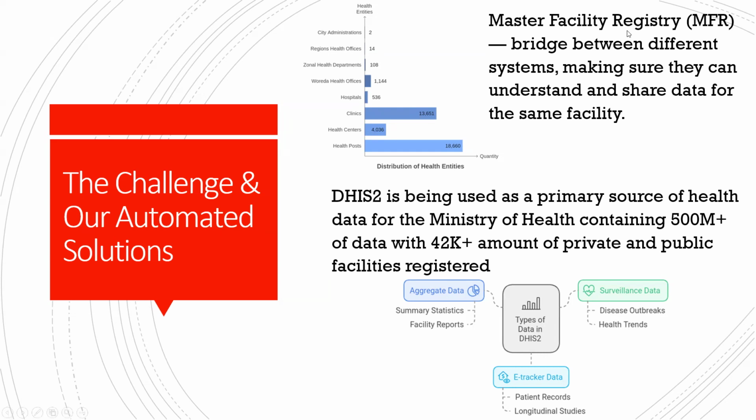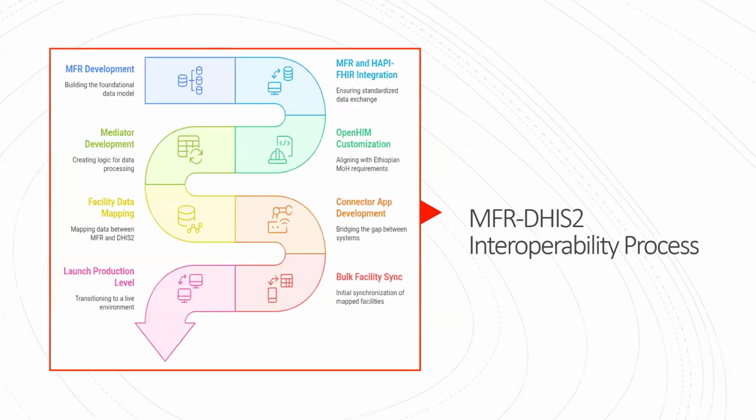For example, in MFR we have more than 49,000 facilities registering, managing, and controlling its own facility list, and DHIS2 has 42K plus. Making them interoperable is difficult because we have name differences, ID differences, even standard differences. So it's a very challenging solution.